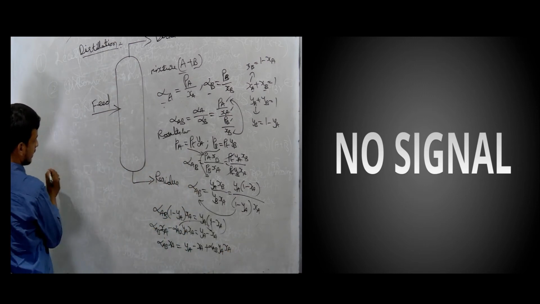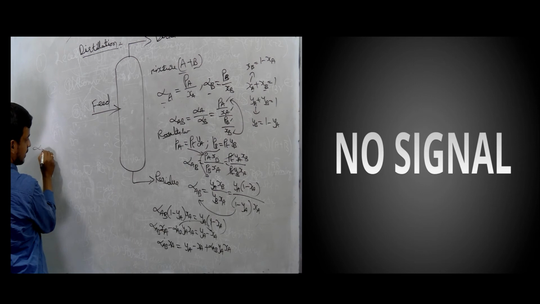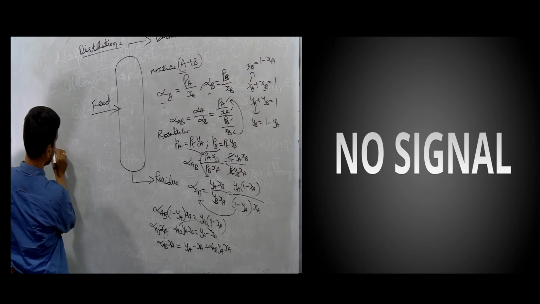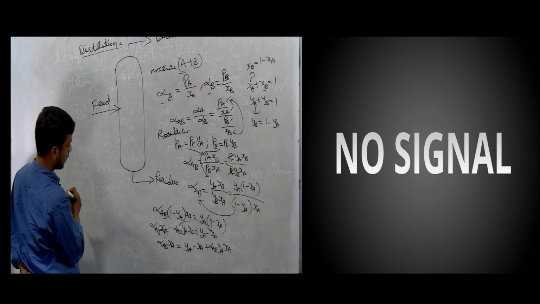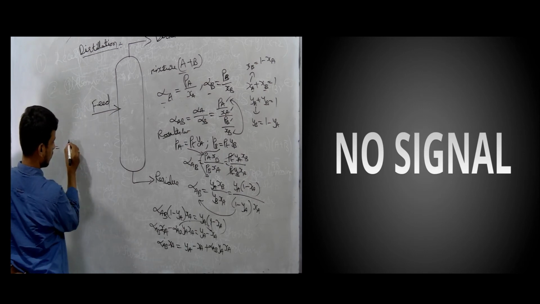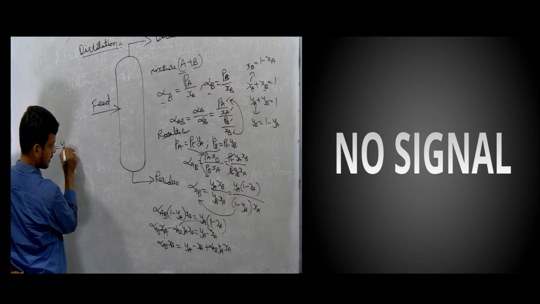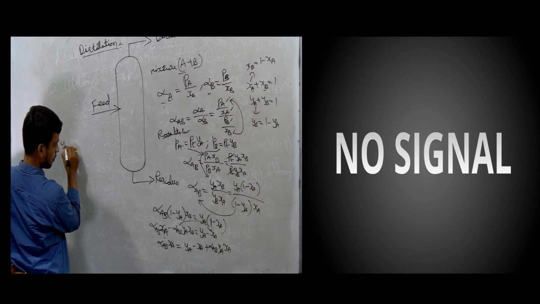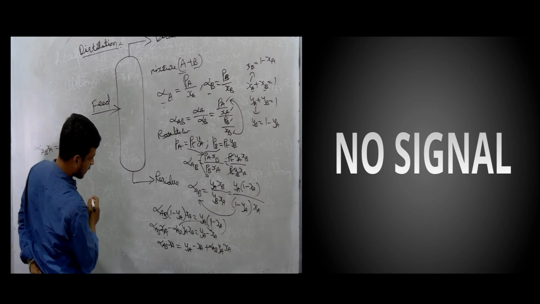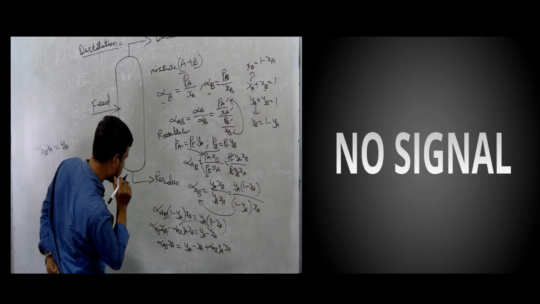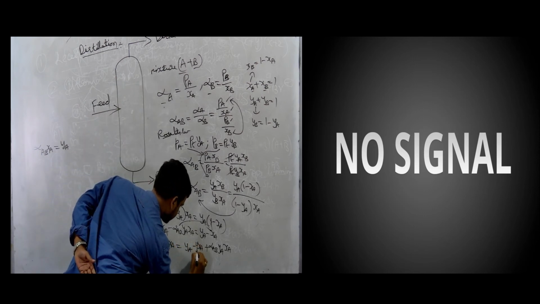Then using that equation, with a simple mathematical operation, alpha AB into Xa is equal to, we have to take Ya common here, with Ya into Xa left out here.